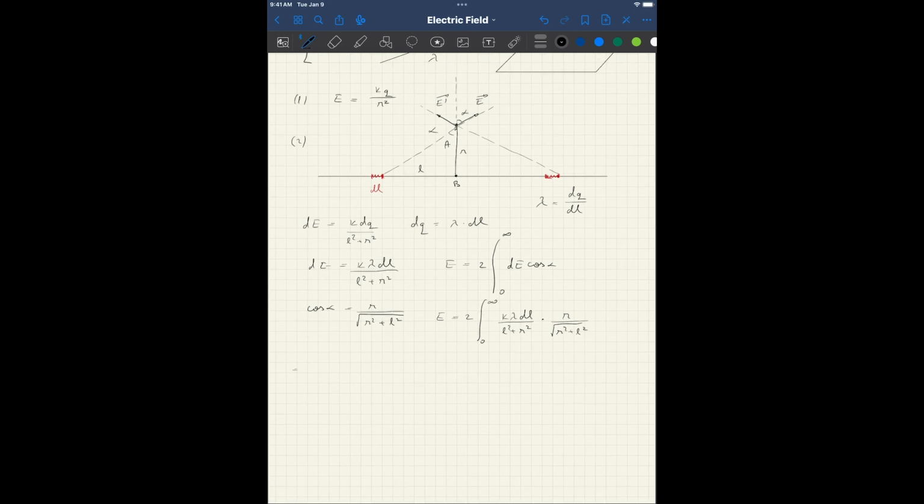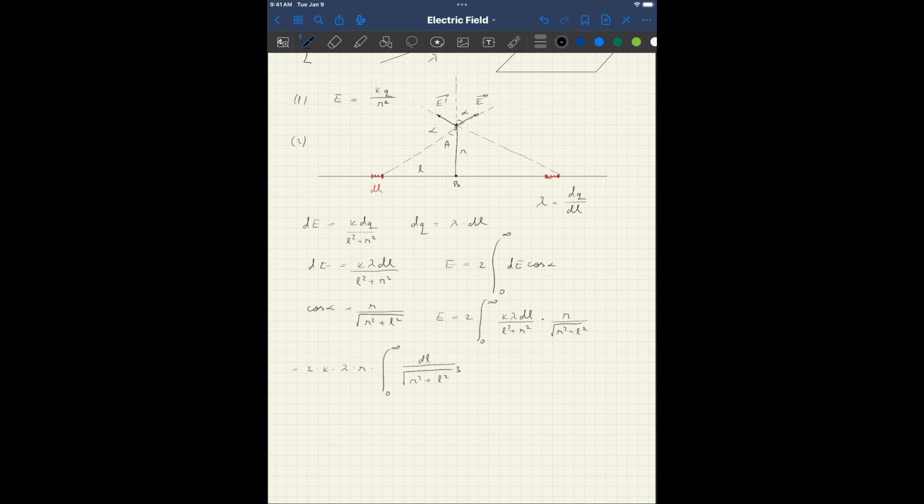Okay, we can bring up front the constant, so that will be 2 times k times lambda times r times the integral from 0 to infinity of dl over the square root of r squared plus L squared, but to the third, because this term here is the square root squared, and this is just the square root. So it squared times itself will give the square root to the power of 3.